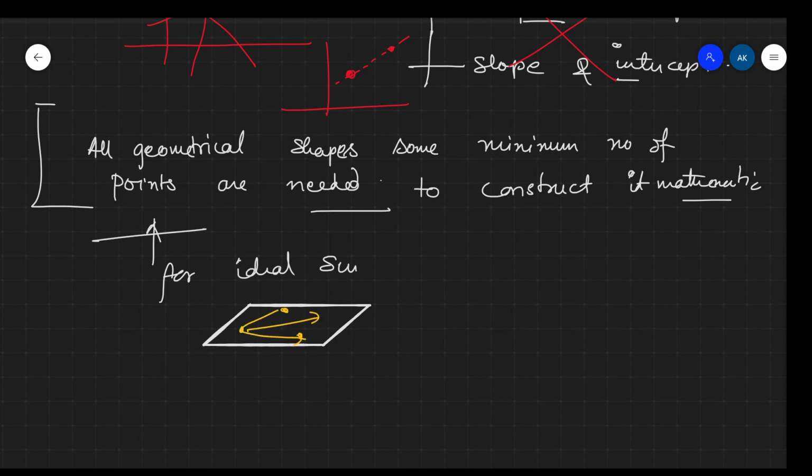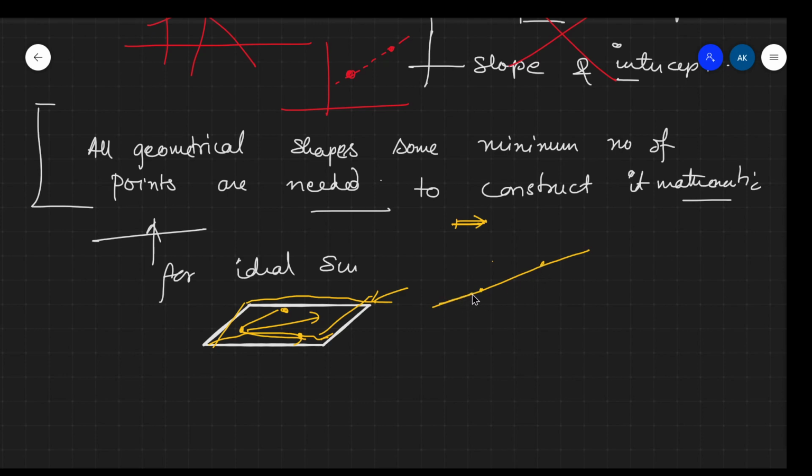But when in actuality this plane is machined, it might not be a plane. It will have some deviation. It will look something like this. This will be a plane, but there will be some other deviations. So these minimum number of points are not sufficient. As these are not ideal shapes, again I repeat, suppose this line is straight, then only 2 points are okay.